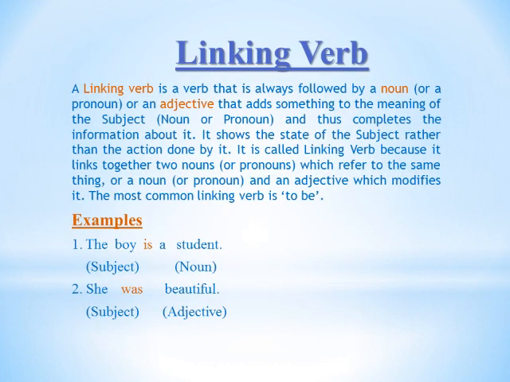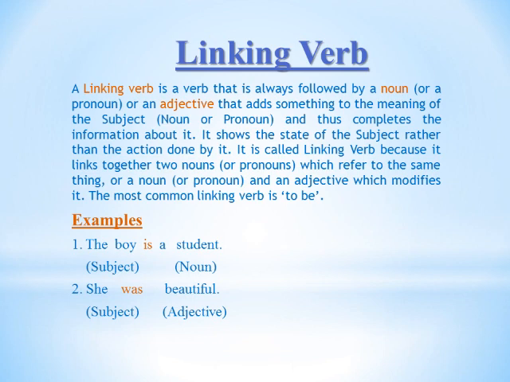Dear students, after learning about the finite and non-finite verbs, we now move to another important category of verbs which we call linking verb. Let's see how it is described. A linking verb is a verb that is always followed by a noun or a pronoun or an adjective that adds something to the meaning of the subject, noun or pronoun, and thus completes the information about it.